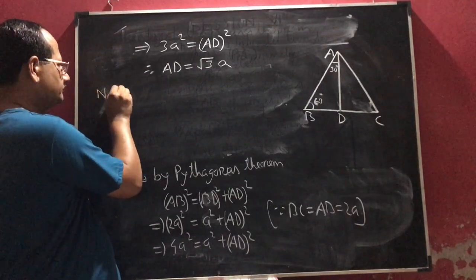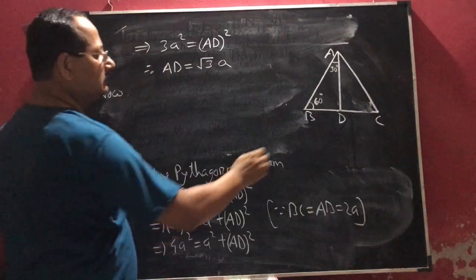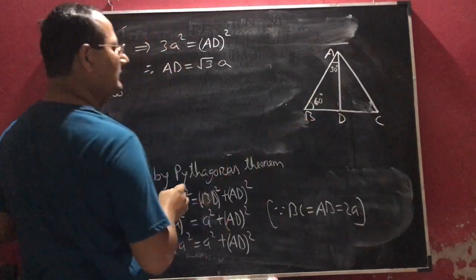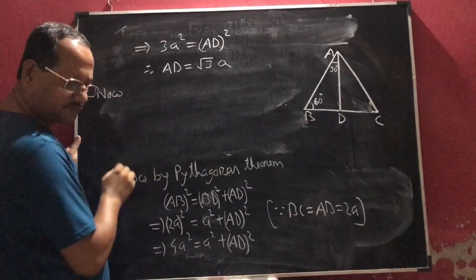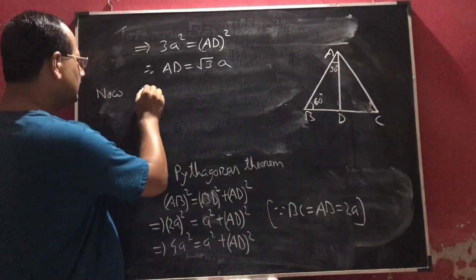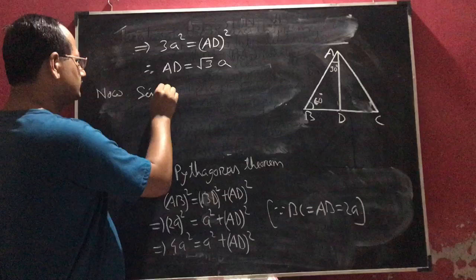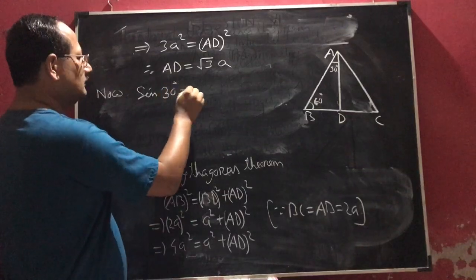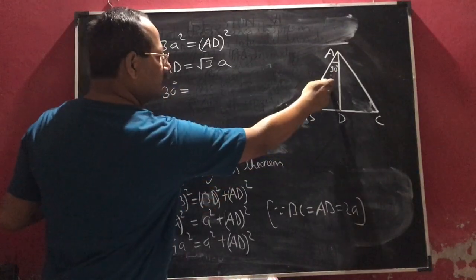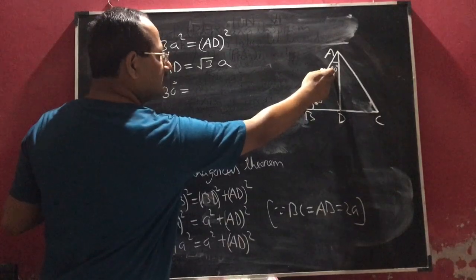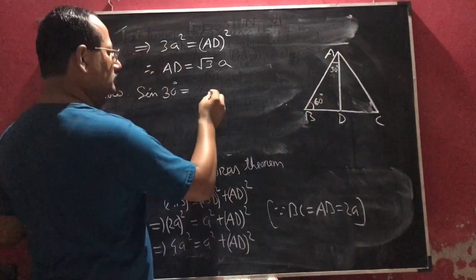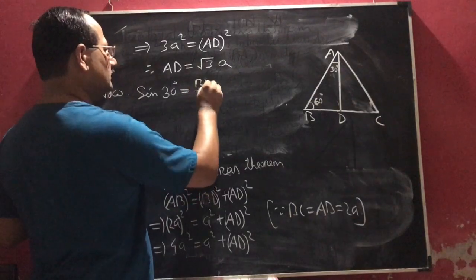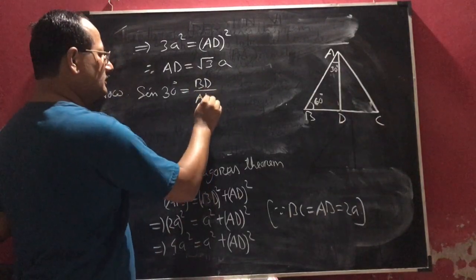Now this side is root 3 a and this one is a. AB is twice a. Now sine 30 degree is opposite side by hypotenuse, that is BD by AB.